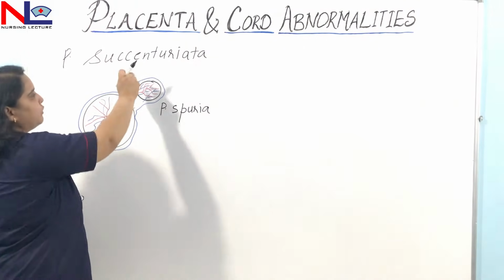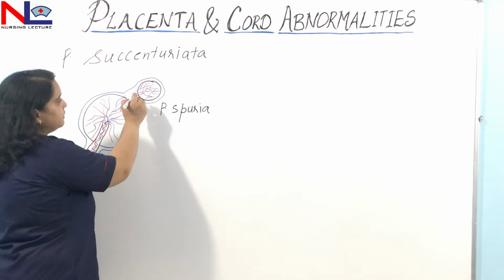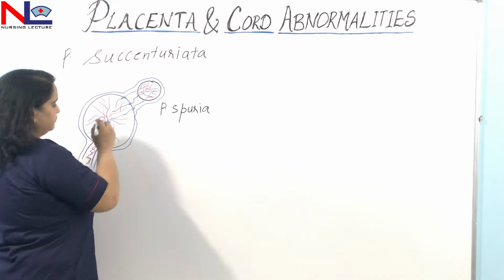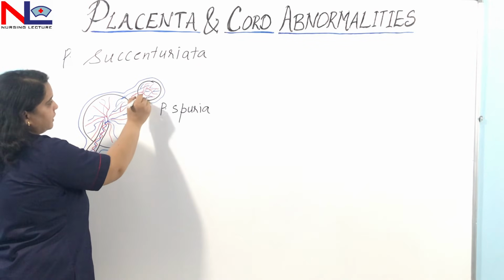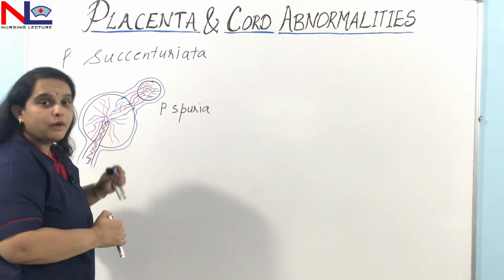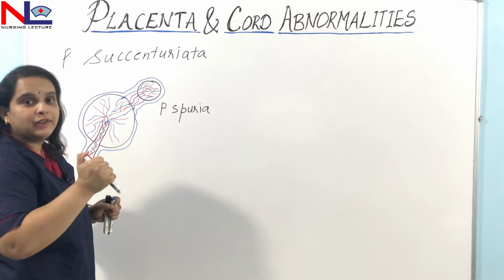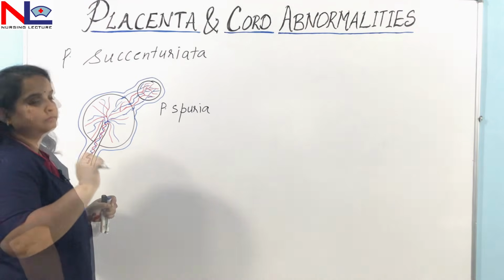And in succenturiata, the intervening or interconnecting vessels are present. And how is this lobe forming? It is formed by the functional villi which are present on the chorion laeve.